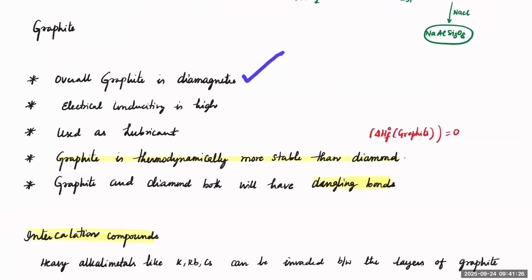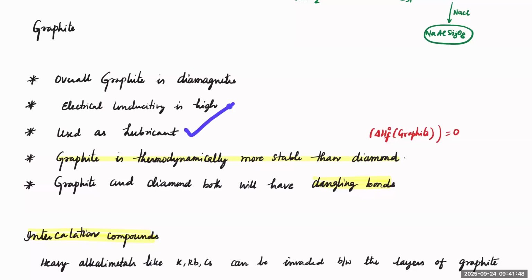Now, overall, graphite is a diamagnetic molecule because those unpaired electrons do not remain unpaired always. They are forming a bond with the adjacent carbons. That's why it is still diamagnetic. Its electrical conductivity is high because these electrons can keep moving from one terminal to the other.